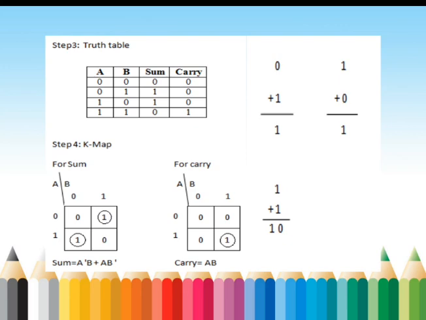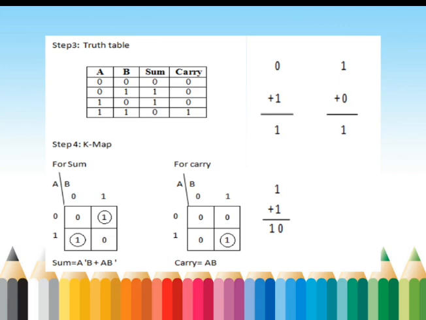For example, if we add 1 and 0, 1 is the augend, that is a quantity to which another number is to be added. 0 is the addend, one of two or more numbers that are added together. So if we add 1 and 0, the output sum is 1. While adding 1 and 0, no carry is generated, so the output carry becomes 0.